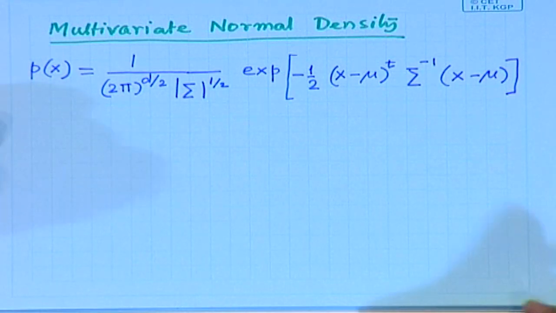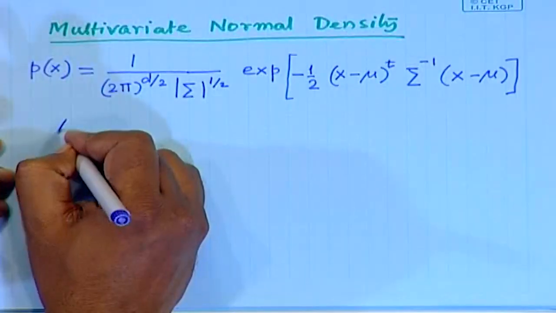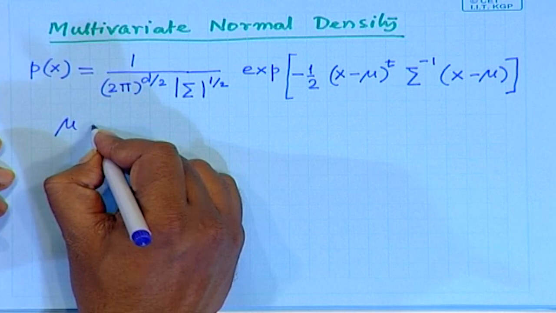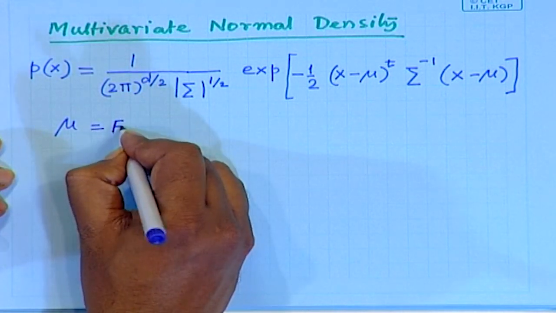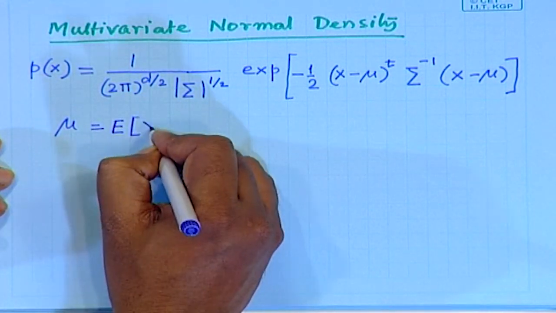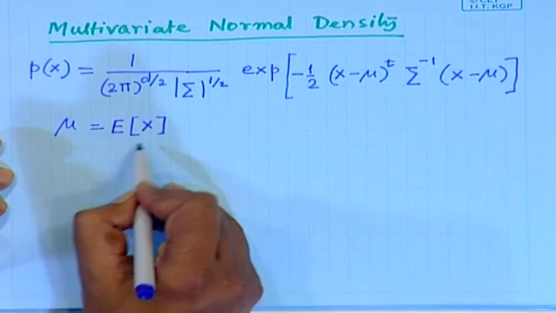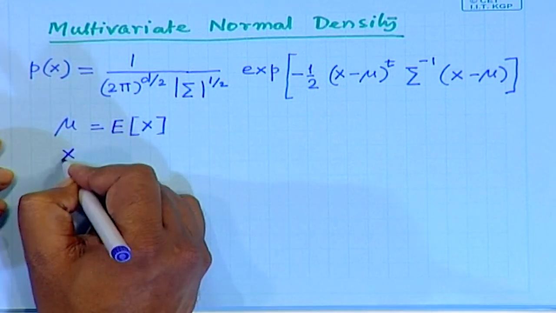Okay, so this is the expression for the multivariate probability density function, where X is the feature vector, a variable representing the feature vector, and mu is the mean vector. So mu is nothing but, as before, the expected value of the feature vectors X, where X is a d-dimensional vector.